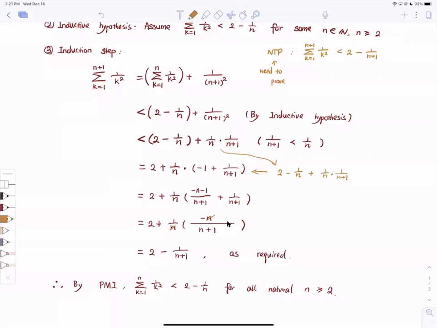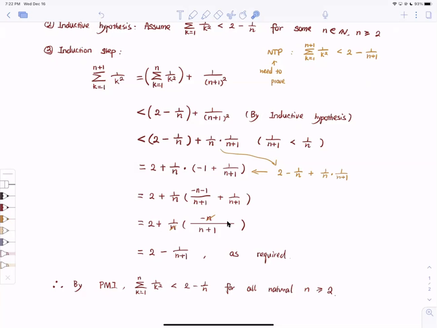Which step? How did I get 1 over n times 1 over n plus 1?